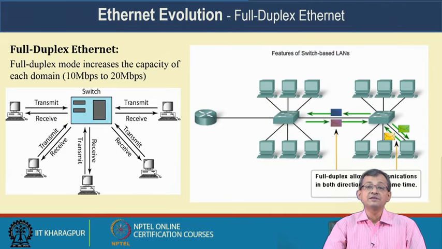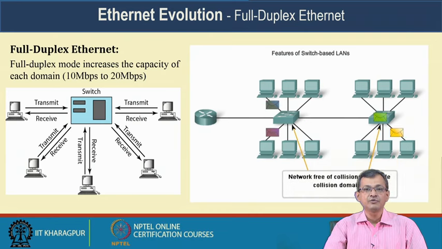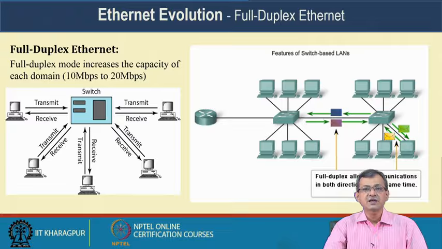Next is full duplex Ethernet, which is popular these days and mostly used in today's networks. Full duplex mode increases the capacity of each domain from 10 Mbps to 20 Mbps.